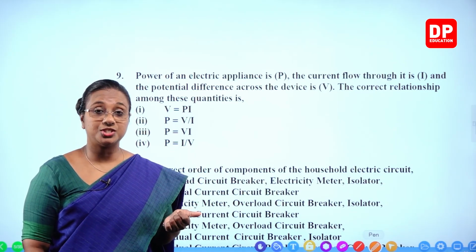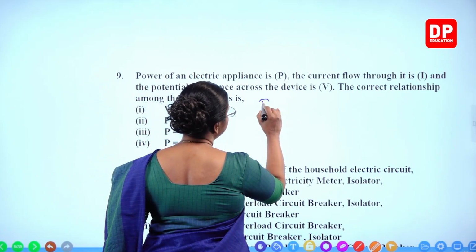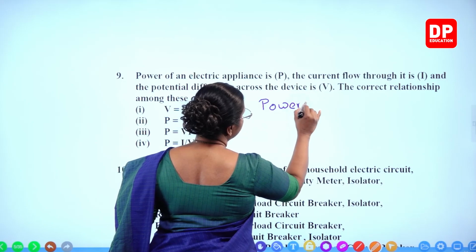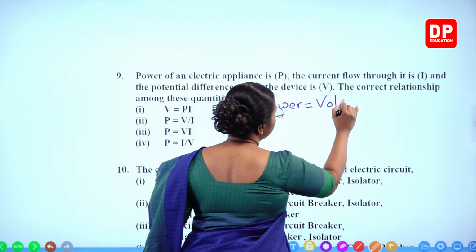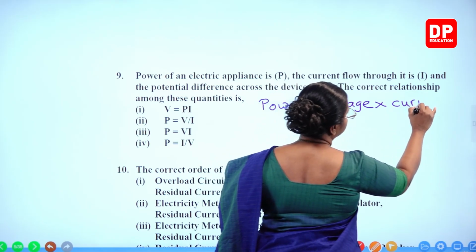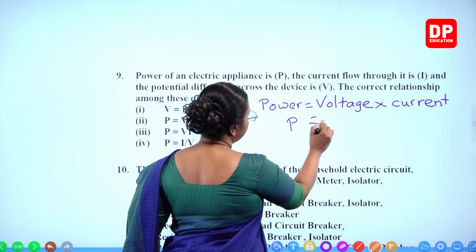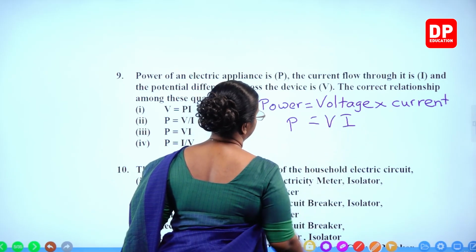What is the relationship? P equals VI. You all know the relationship. Power is equal to voltage into current. That is P equals VI.